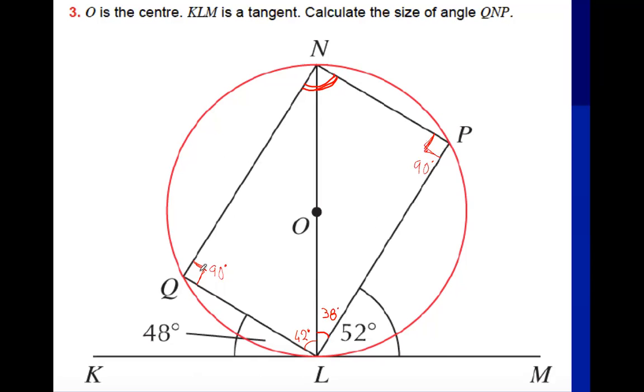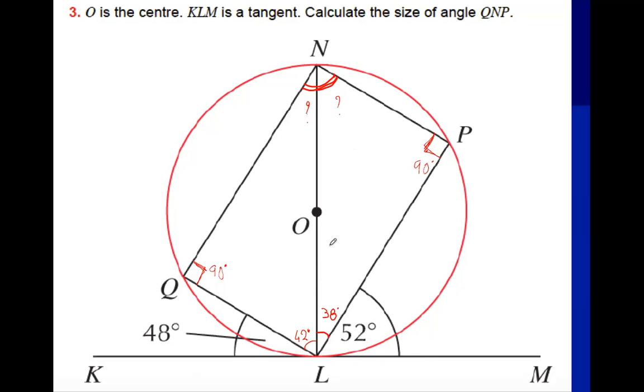That means I've got an angle, something to find. Same on that side, an angle, something to find. And if I add them up, you need to make 180.